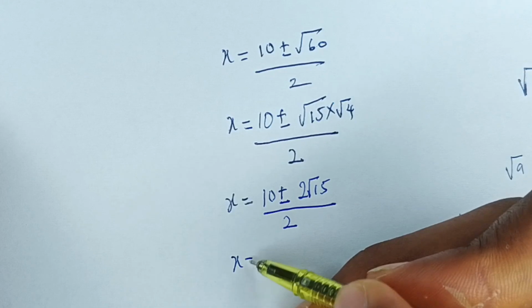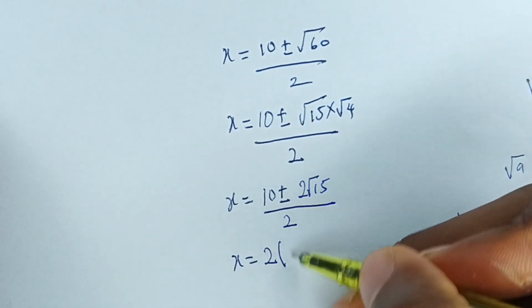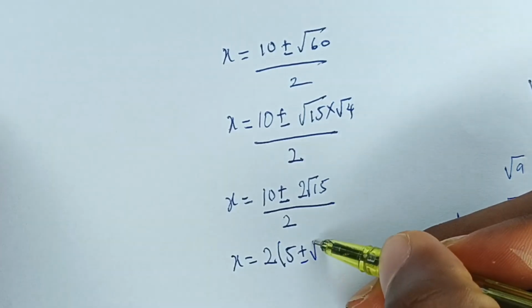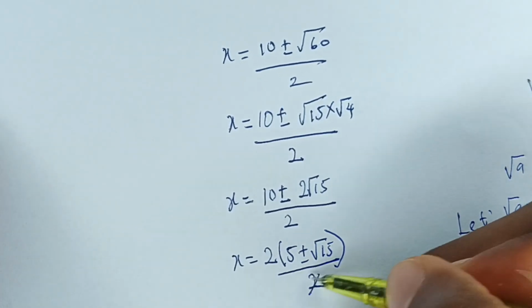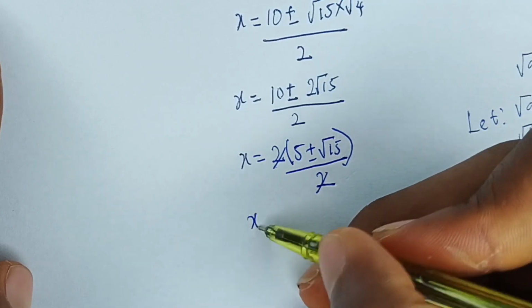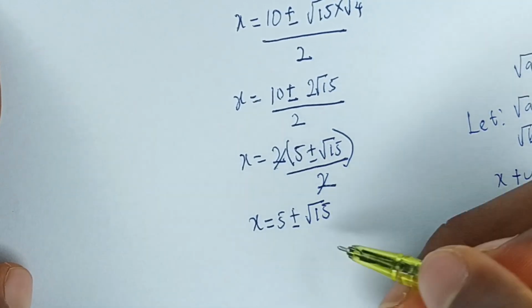Now 10 is 5 times 2, so we have 2 into 5 plus or minus root of 15 divided by 2. 2 strikes 2. So we have that x is equal to 5 plus or minus root of 15.